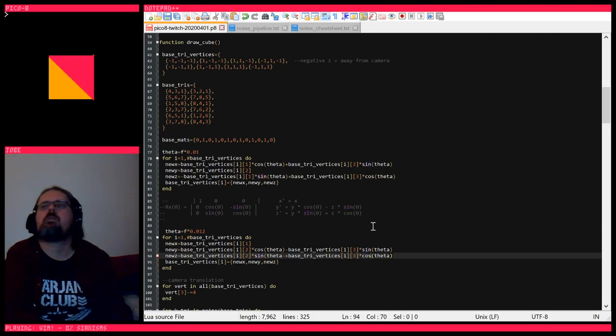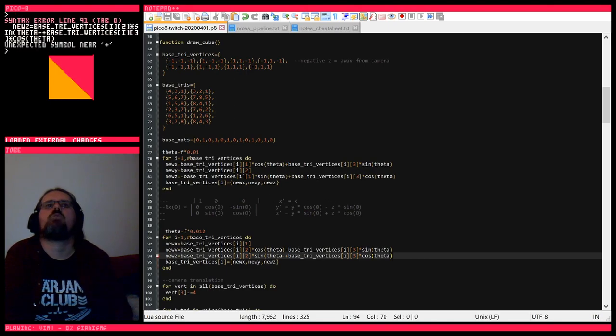So now it should be spinning around 2 axes. What? Unexpected symbol. Oh yeah.